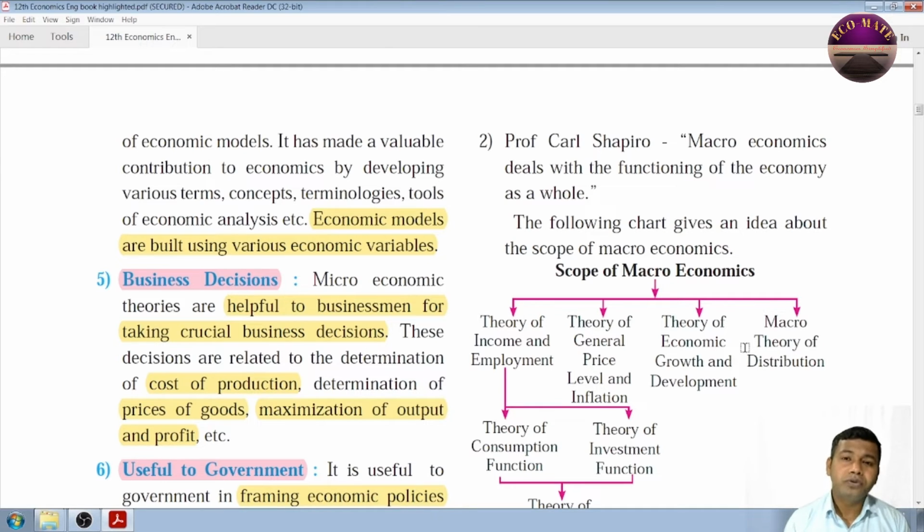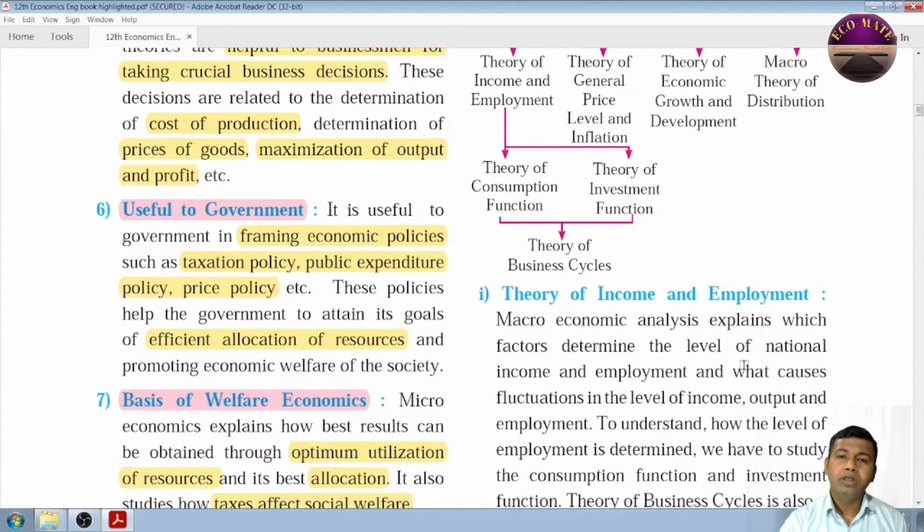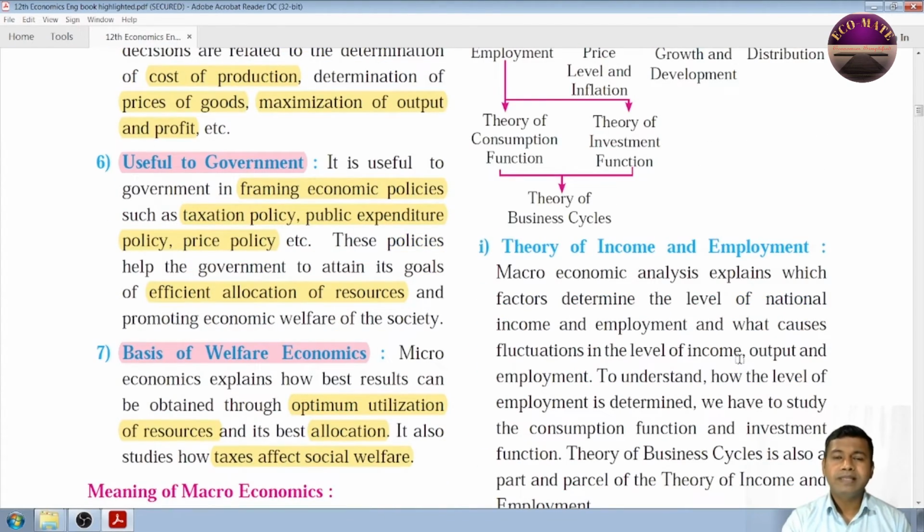How is that useful to the government? Let's have a look at the next point, that is, usefulness to the government. Microeconomics is useful to the government in framing economic policies. Each and every country has its government, and the government has to take decisions regarding the taxation policy, public expenditure, and also the price policies related to commodities.